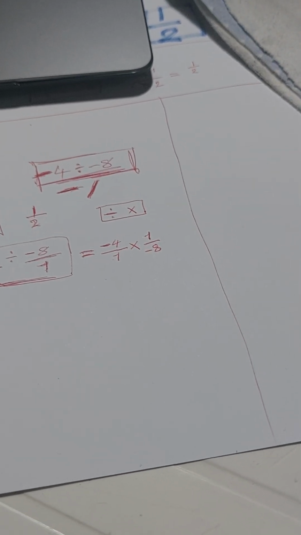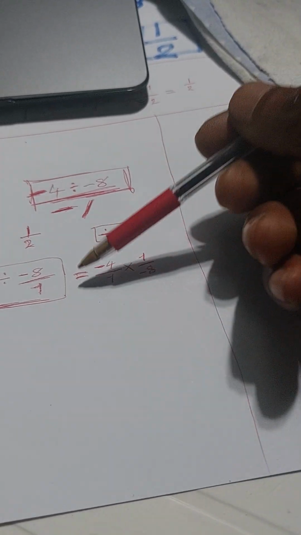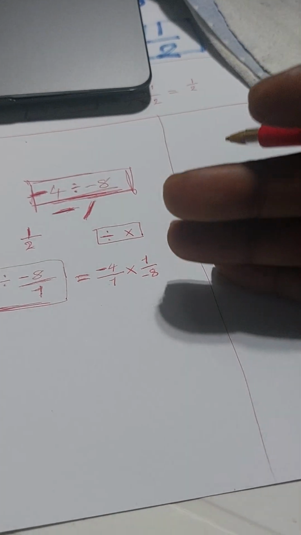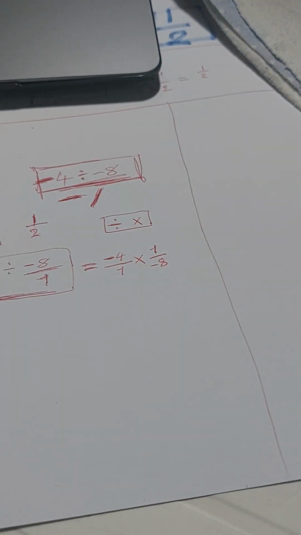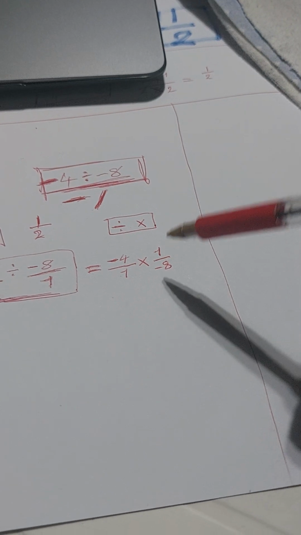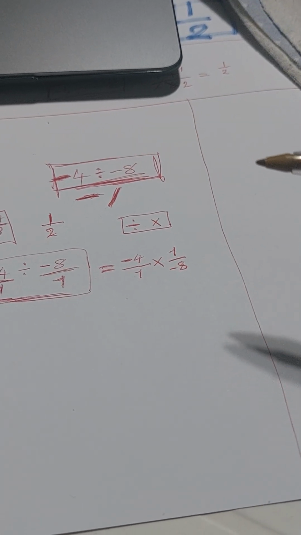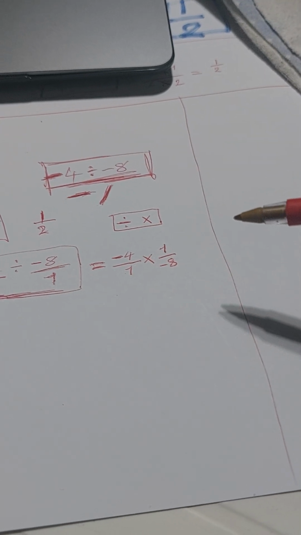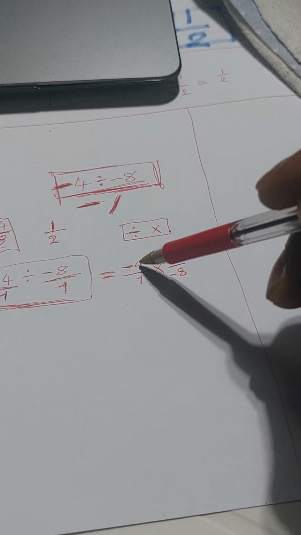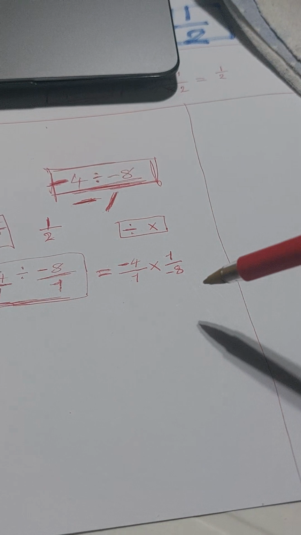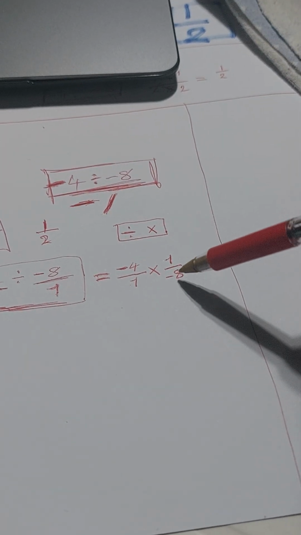So a situation like this now, you don't multiply them anymore. You go straight and do your division work here. In this case, you say, okay, let's break it down gradually so that we can understand how the thing went on. What can you use to divide this 4 and equally use it to divide this 8?